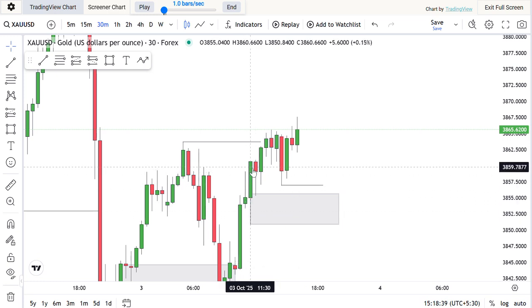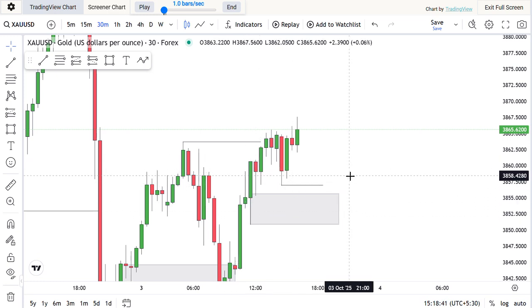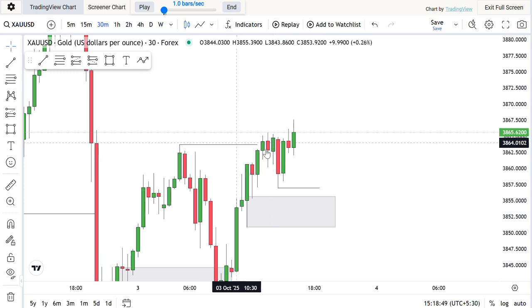Every candle that moves up taps into the previous candle to find the demand in that previous candle before it can move upward or downward. So now in this case, that is what we have.